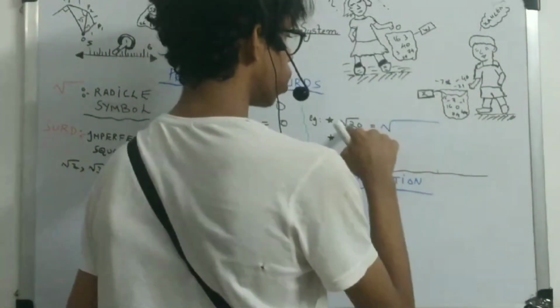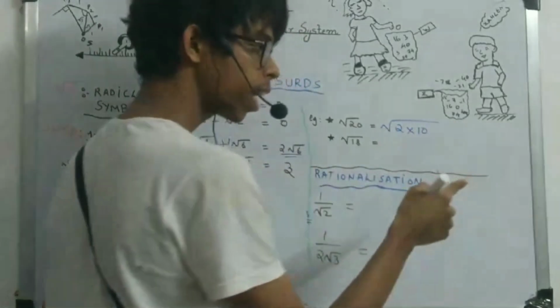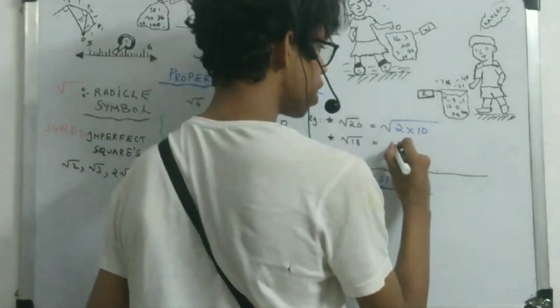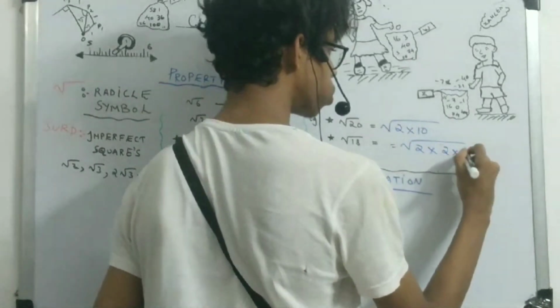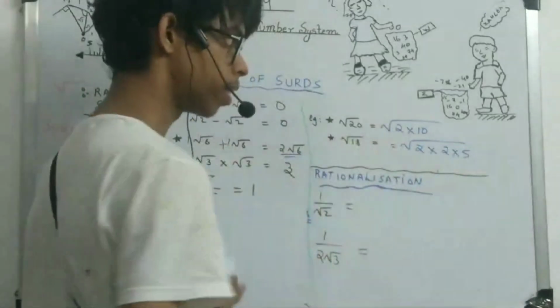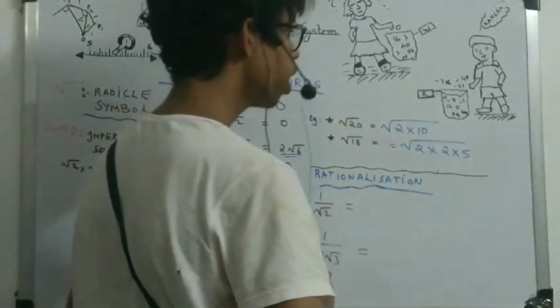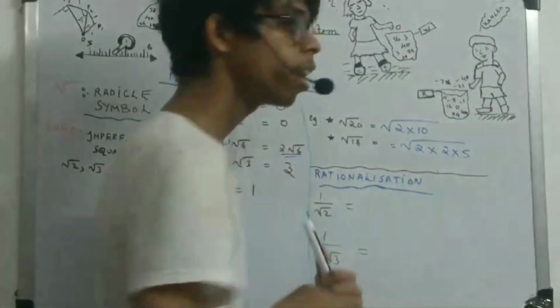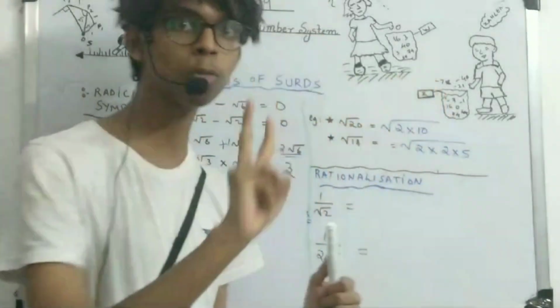So we can write 20 as 2 into 10, am I right? Then this 10 I can further split and write as 2 into 5. So 2 into 5 is 10, 2 into 10 is 20. I just simply split everything and wrote. Now we know that whenever we do square root, we should always take pairs of 2.